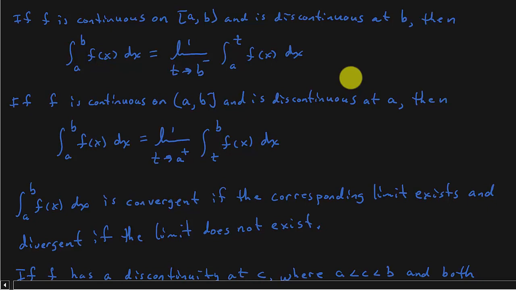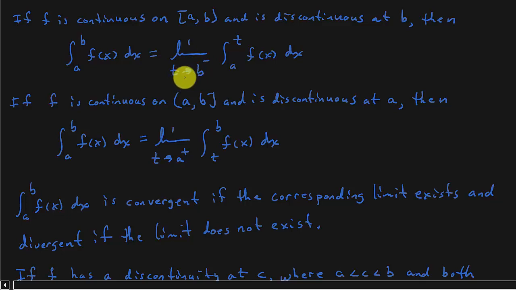So if f is continuous on [a, b), notice the a is included, the b is not, and is discontinuous at b, then the integral a to b f of x dx is the limit as t goes to b from the left.